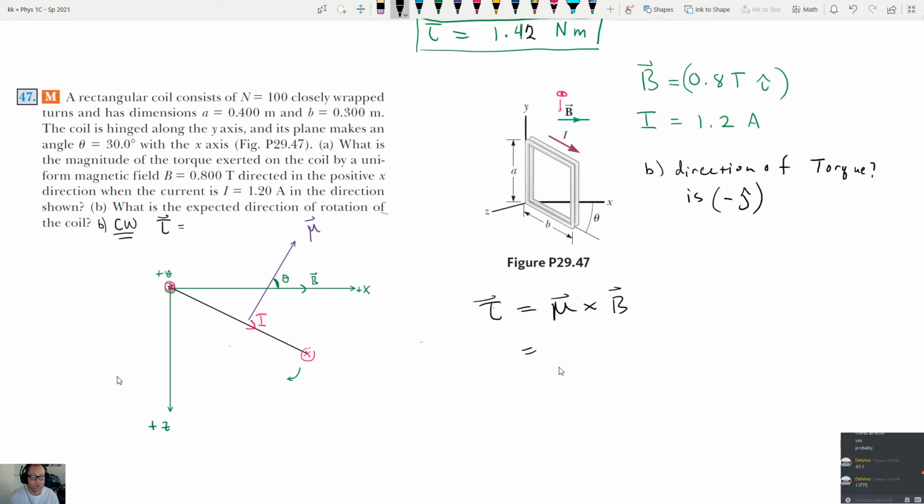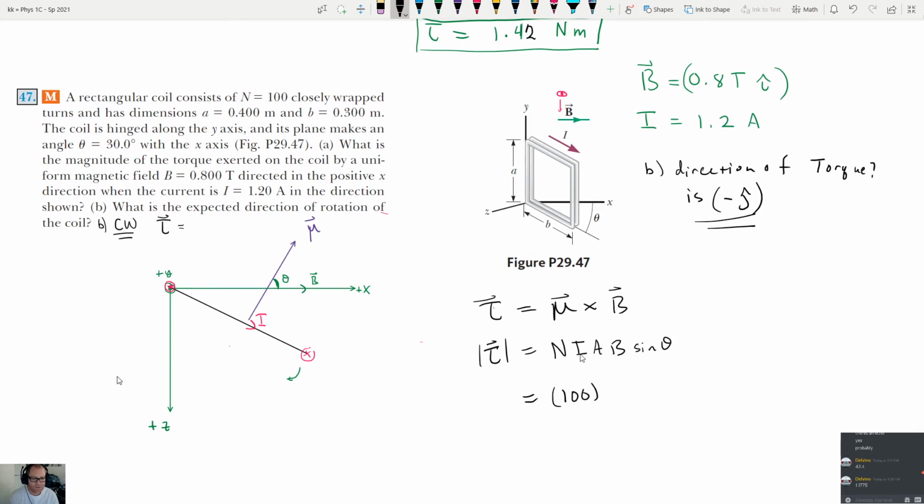And we know that mu is the number of turns times the current times the area, multiplied by the magnetic field, B. And then when we do a cross product, we get a sine theta. We've already figured out the direction of the torque, so we'll just find the magnitude. How many turns? 100.